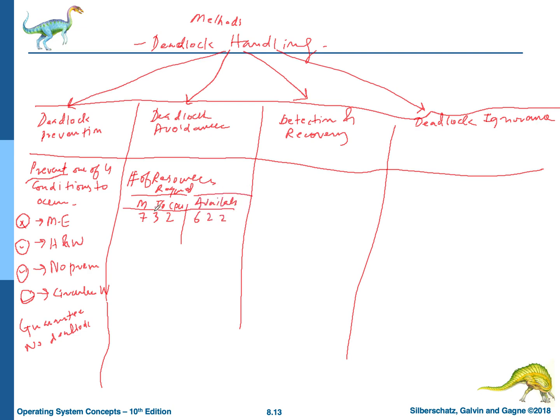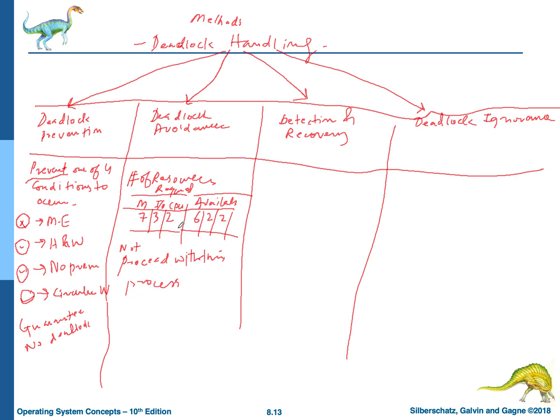Now as we have fewer resources available than required, we will not proceed with this process, because we don't have enough resources.